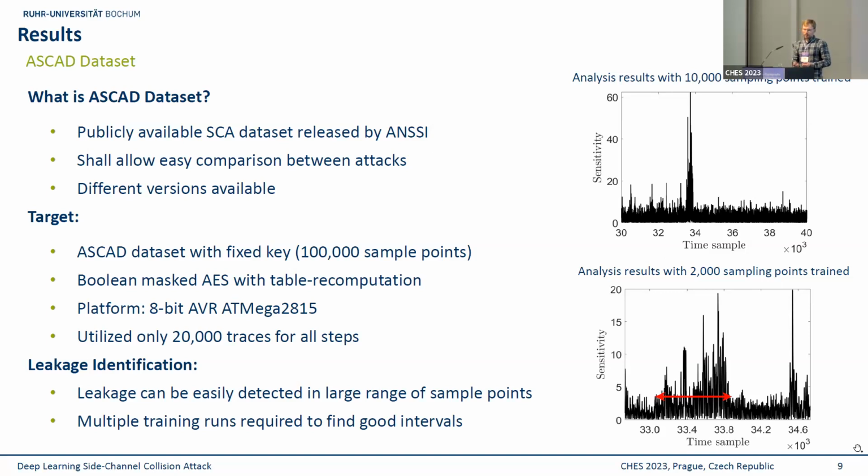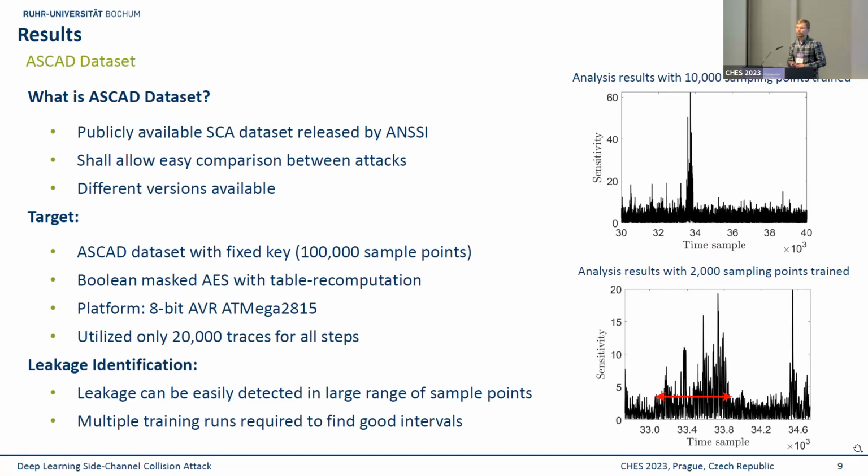So the leakage identification technique can easily detect the leakage in a large range of sample points. Here, for example, we trained on the range between 30,000 and 40,000 sample points, and we can clearly detect where the leakage is localized. In fact, 10,000 points was also the largest range of sample points that still gave us reliable results for this data set, which of course means that we have to repeat this analysis several times until all 100,000 sample points are covered.